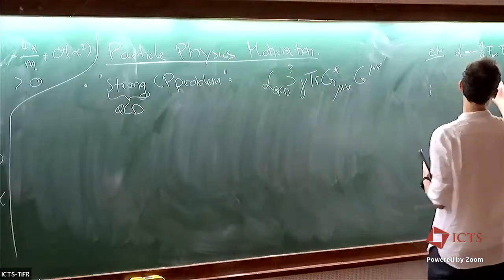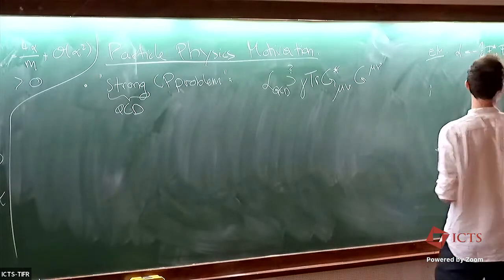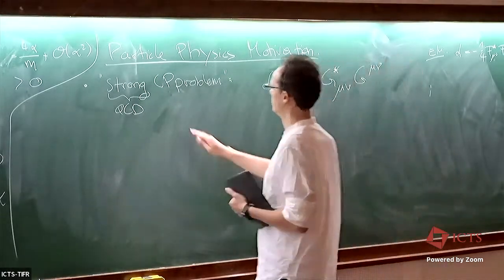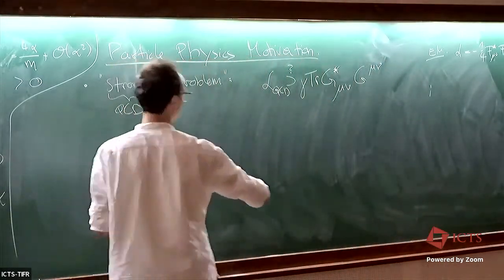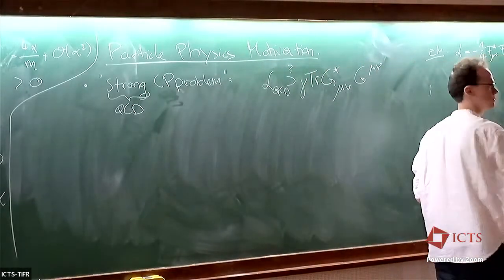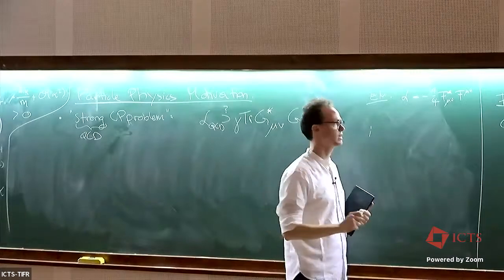Instead of the F, you then have an F star here, which is basically a dual which breaks the parity. So basically, this is no longer parity invariant if you flip the spatial coordinates.